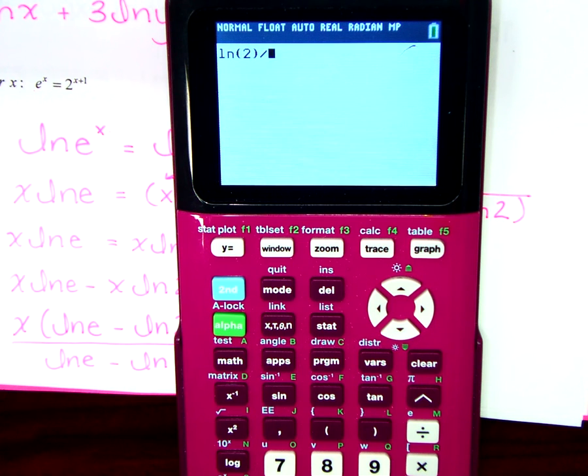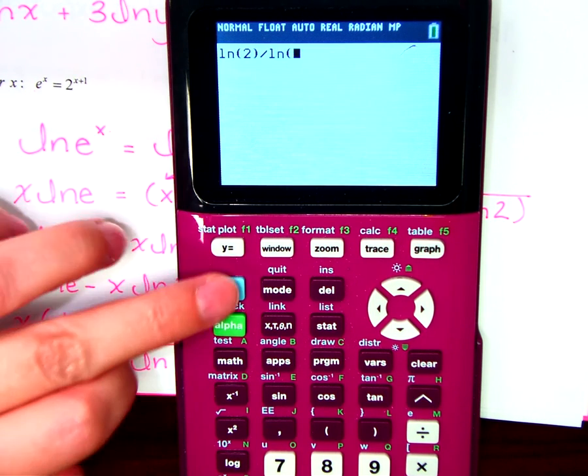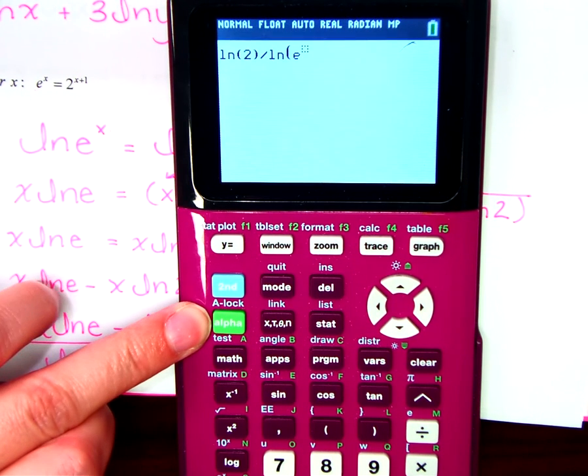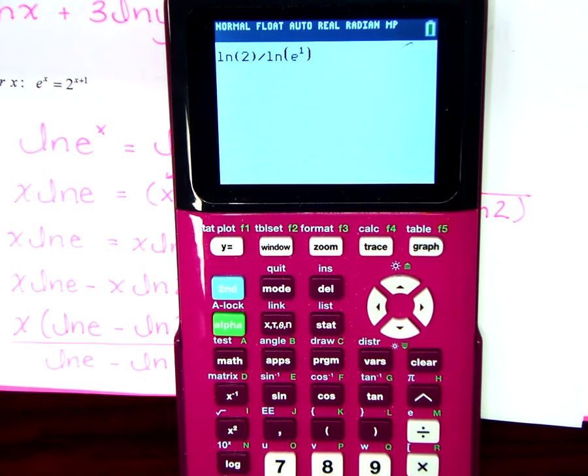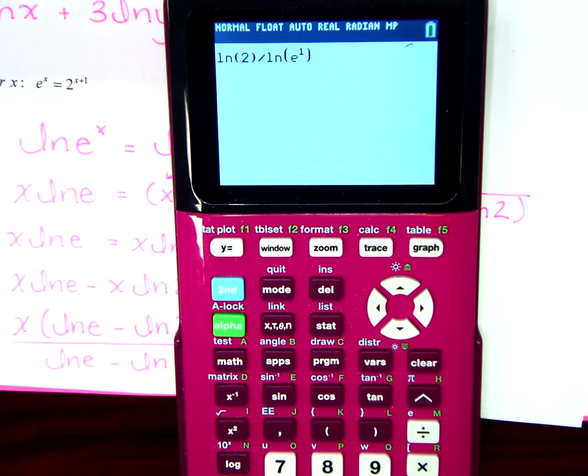You can put in e to the exponent 1, but you need to know that ln e has a value of 1. This is why we should just do my trick and just change to a 1 already. Because what's e to the exponent 1? Itself, right? Oh, I missed a bracket.